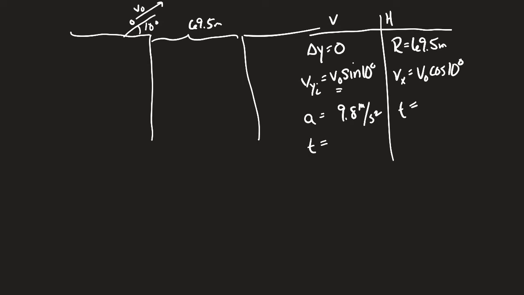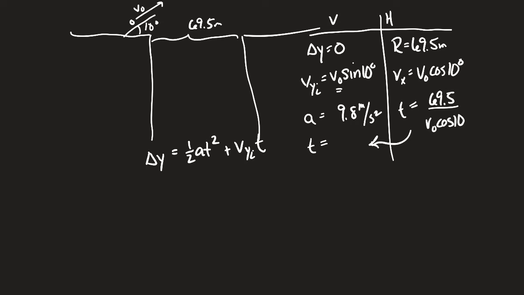This shouldn't stop me. Look, the procedure is solve for the time on one side, plug it into the other. I have time in terms of v naught in two places. So I'm going to take this and plug it in for time right here. I'm going to use delta y equals 1/2 a t squared plus v y initial times t.